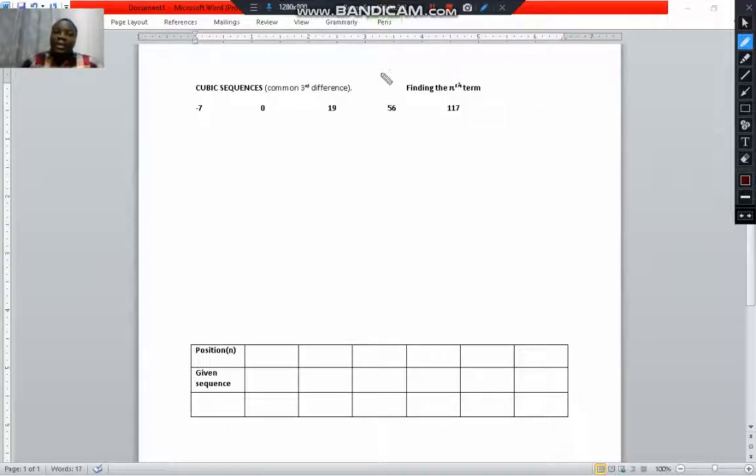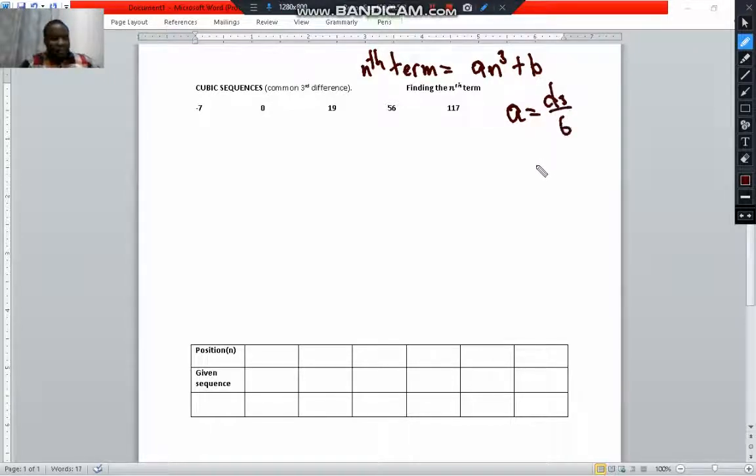And I want to say the format for the nth term of a cubic sequence is an³ + b. It can be c if you want. How we find a for a cubic sequence is that a would be the third difference divided by 6. I'm not going to go into the technicalities of explaining why we divide by 6.